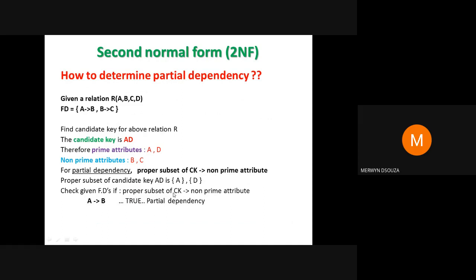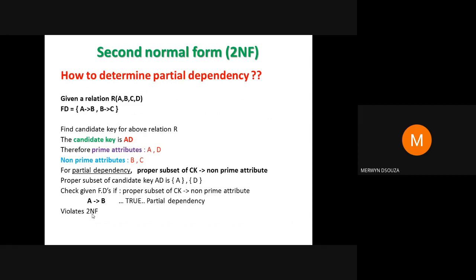Since the proper subset of the candidate key, A, determines the non-prime attribute B, we conclude that there is partial dependency. Since there is partial dependency, we say that it is violating the second normal form.